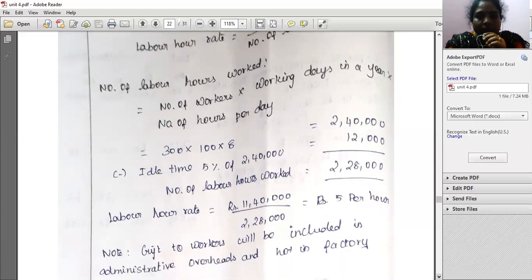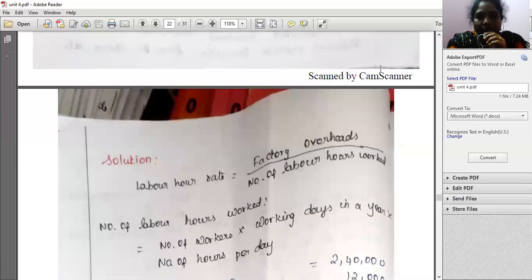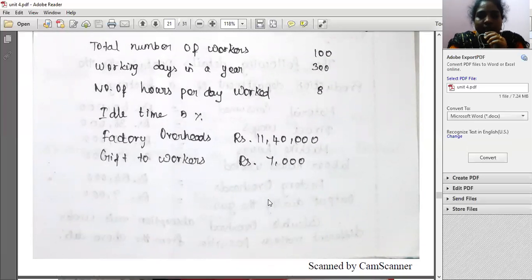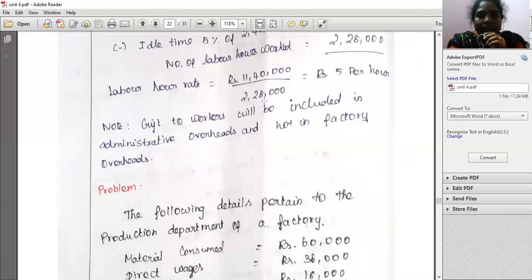And finally, we have to find the labor hour rate. The labor hour rate is the formula of factory overhead divided by number of labor hours worked. The factory overhead is 11 lakh 40,000, divided by 2,28,000.